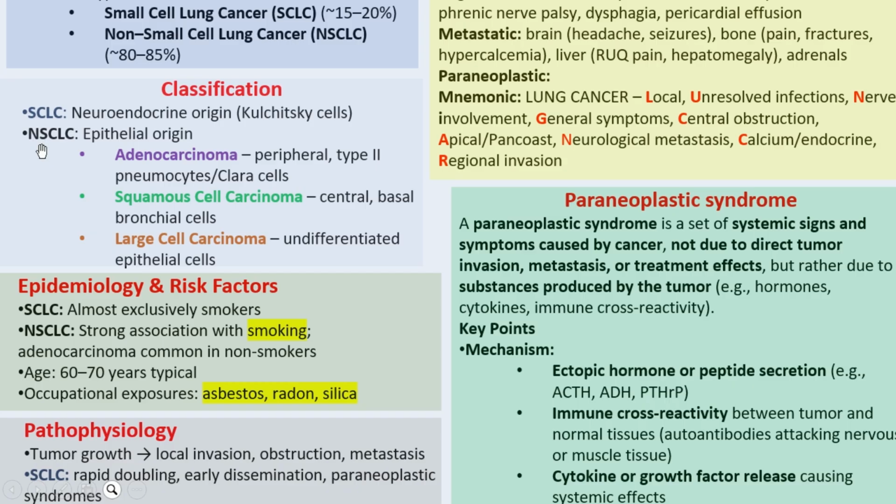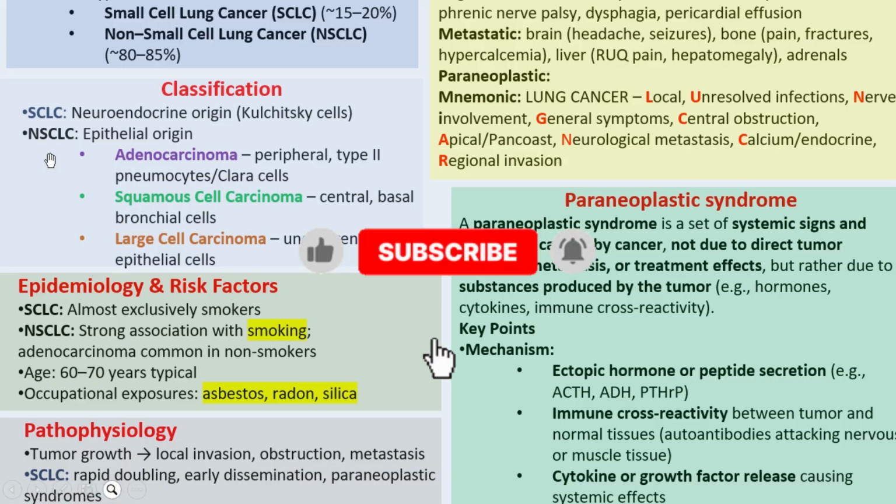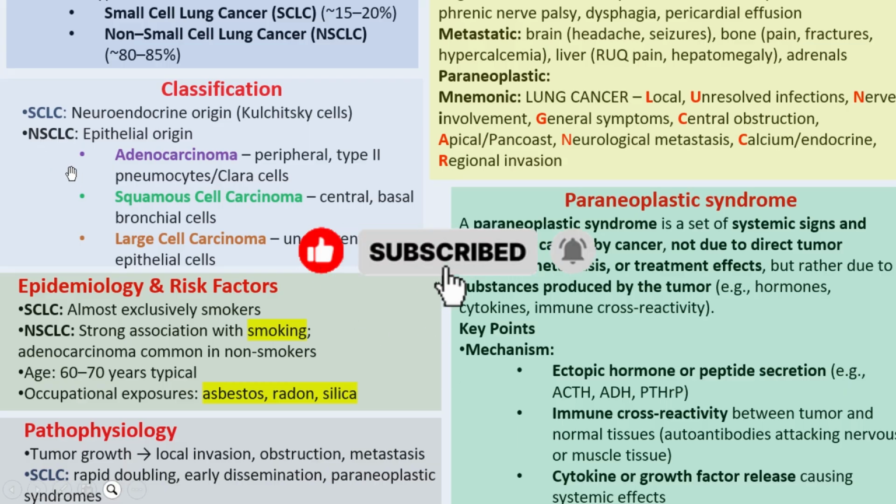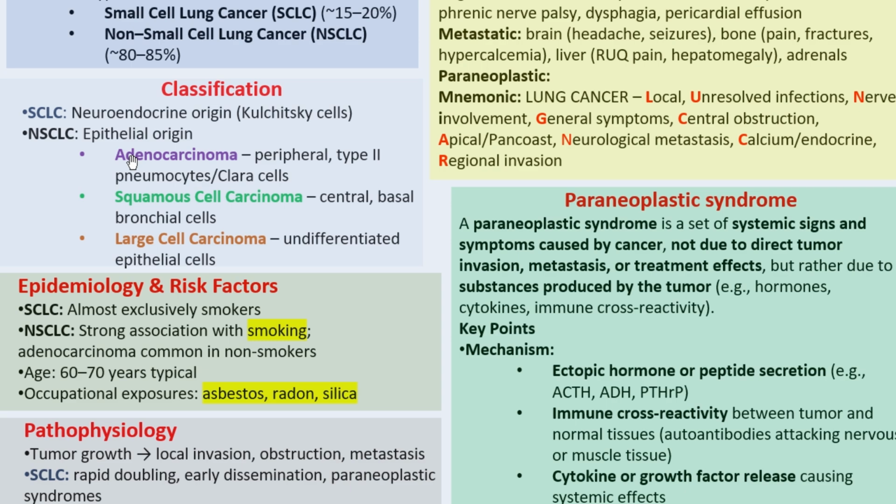So in order of epidemiology, non-small cell is the most common type of lung cancer, and adenocarcinoma is again the most common type of non-small cell lung cancer, followed by squamous cell, then large cell at the least.